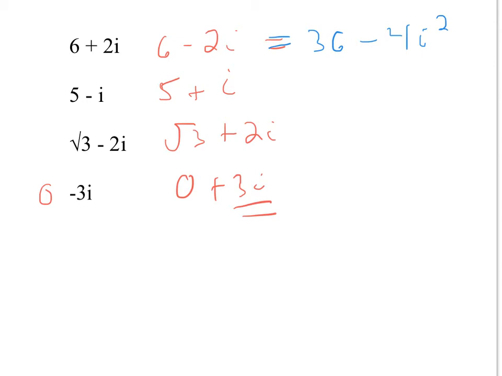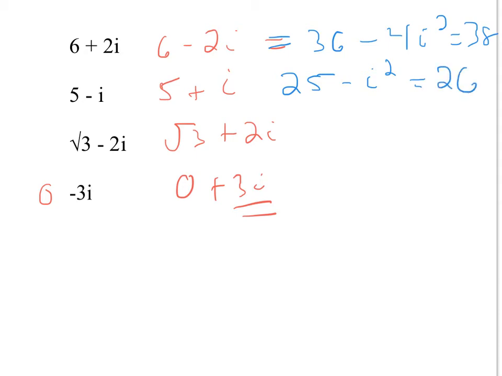So 36 minus negative 4 is 36 plus 4, which equals 38. 5 minus i times 5 plus i is going to be 5 squared, 25, minus i squared, which of course is negative 1. 25 minus negative 1 is 25 plus 1, which is 26.